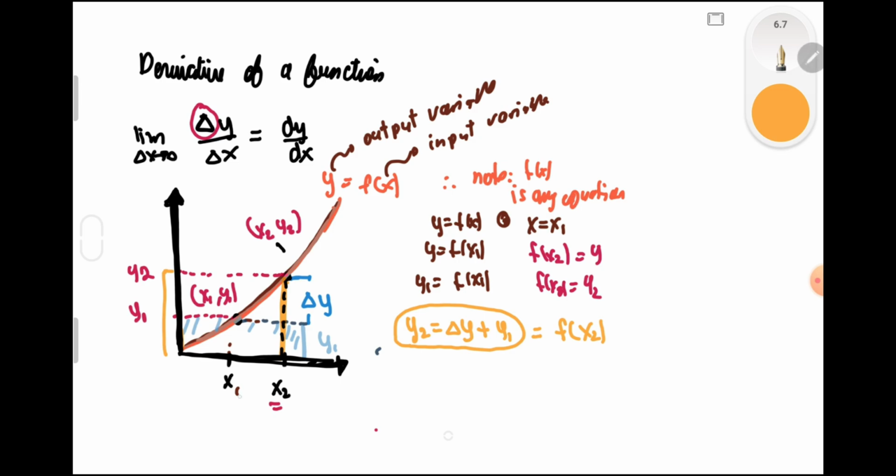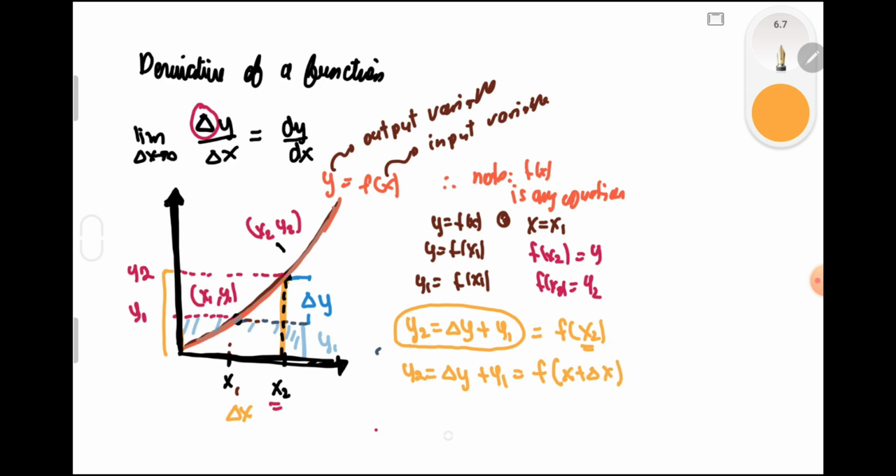So therefore, dadagdagan din natin yan ng increment which is your delta x. So I may say that my y sub 2 is equal to the change of y plus y sub 1, which is because of the change of my input, x sub 2, which is x plus delta x.